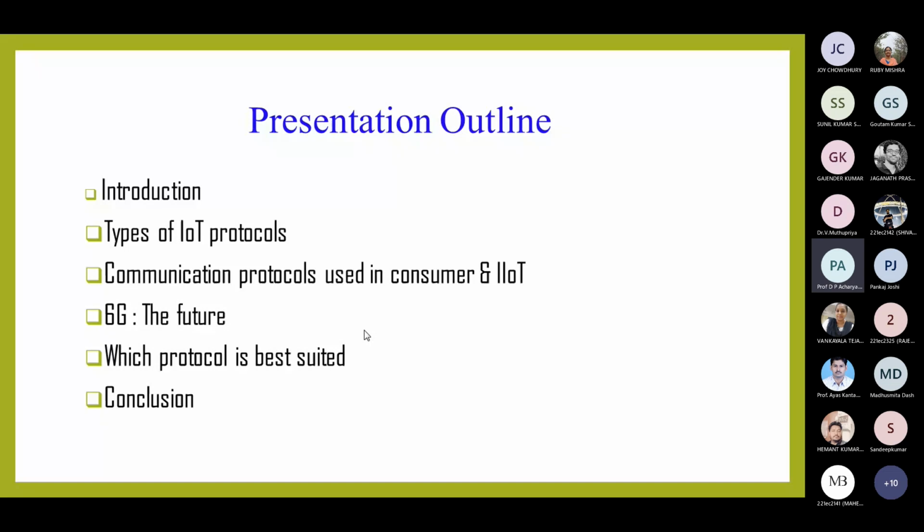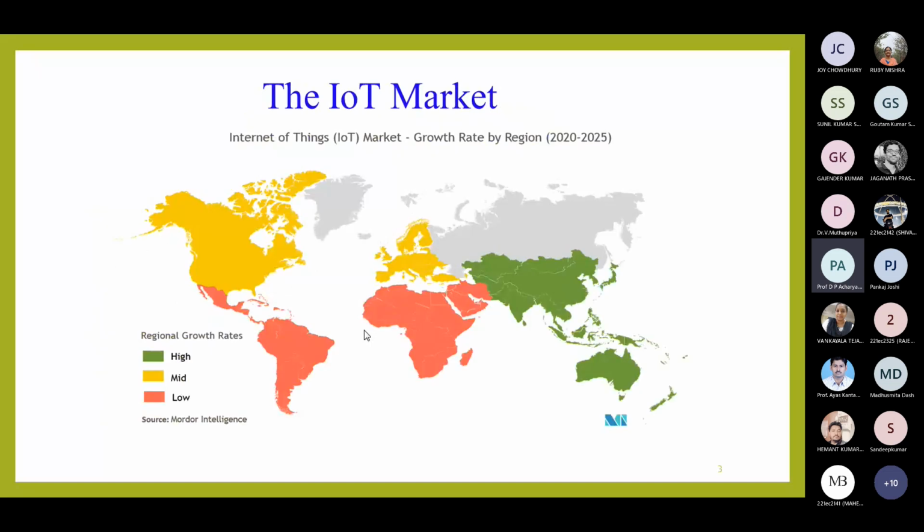So first, I will give a vision of the IoT market. If you see the regions that are green, they have a very high growth rate of the Internet of Things market, and India falls into this region.